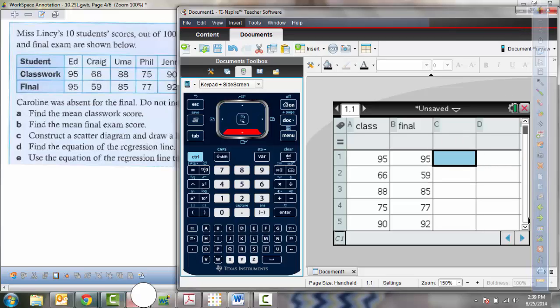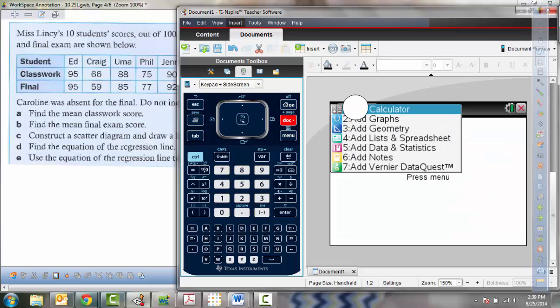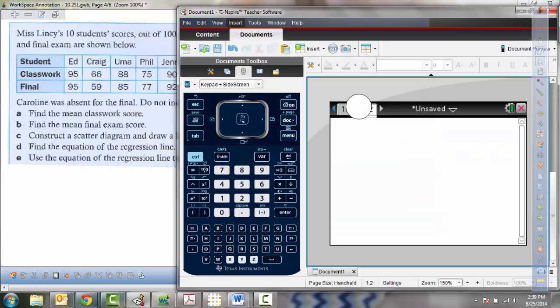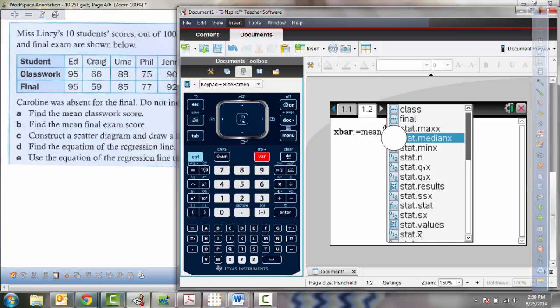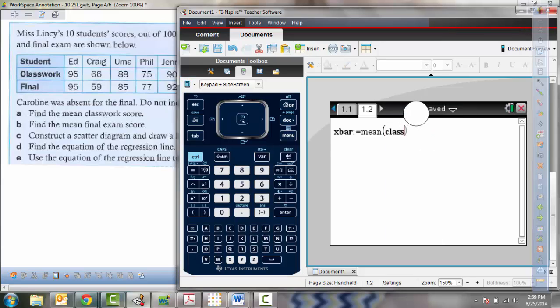So here's what I'm going to do. I'm going to add a calculator page. And I'm going to type X bar. And I'm going to press Control, and then this colon equal sign here, that I'm going to define X bar to be mean of my class column.